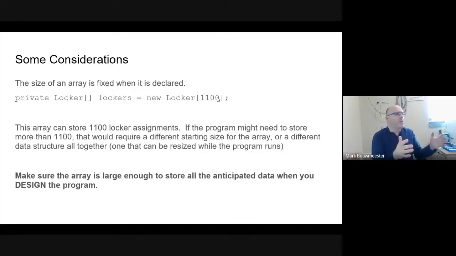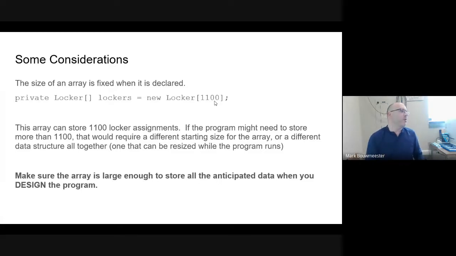But once you execute a line that says private array, whatever it is, equals new whatever kind, and give it a value, that's how many elements are in the array, and it can't be changed by the program. So if we required a program that would do different numbers of lockers, we either have to think of a number that's big enough that you would never need more than that, or we just have to use a different data structure altogether.